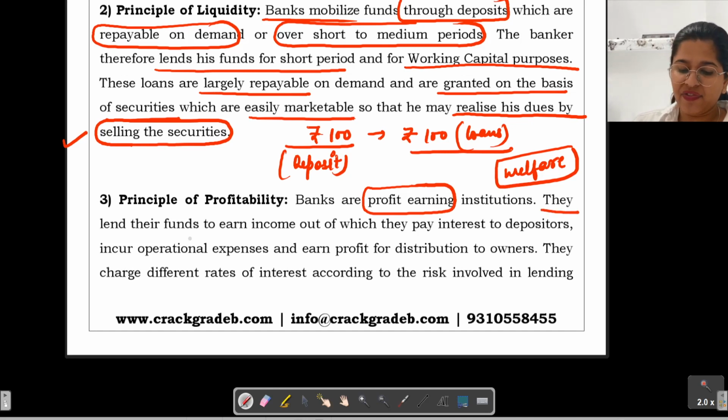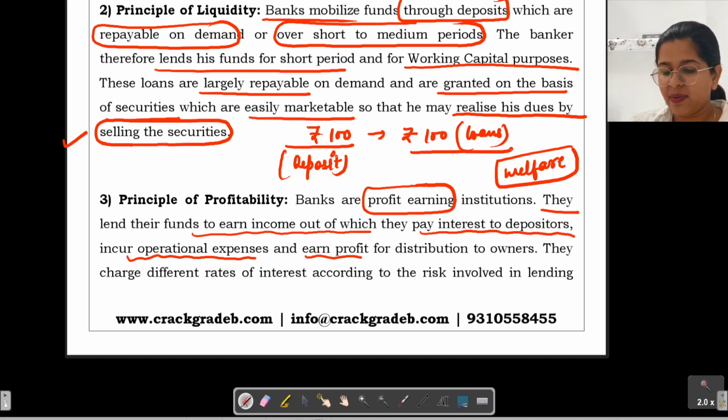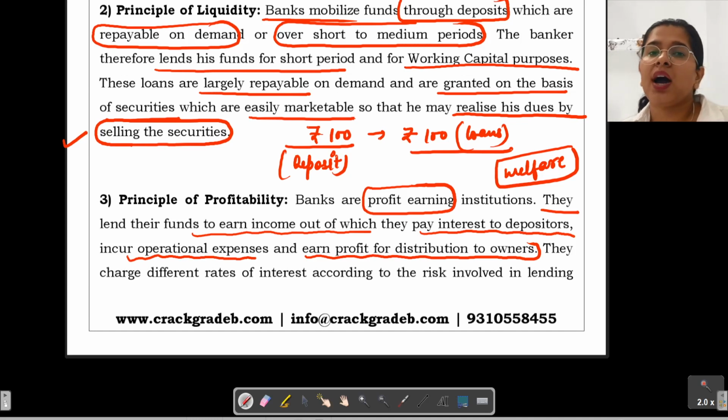So they lend their funds to earn income out of which they pay interest to the depositors. They incur operational expenses and they earn profit for the distribution to the owners. So there is a phenomenon called the interest margin. ठीक है, interest margin का मतलब क्या होता है?